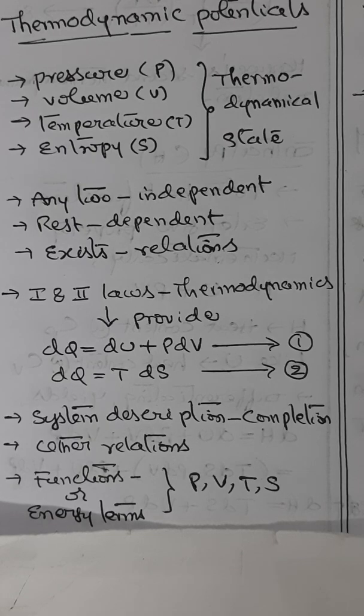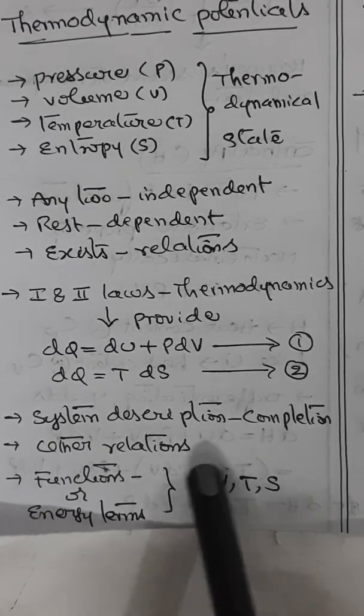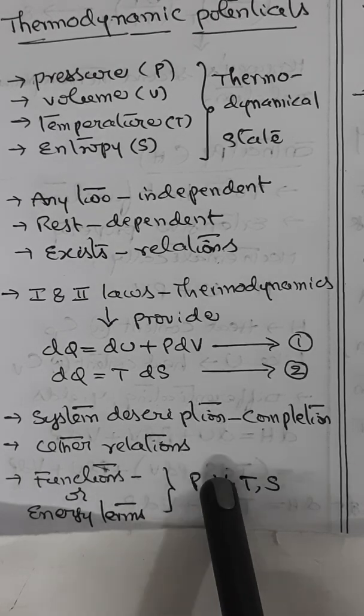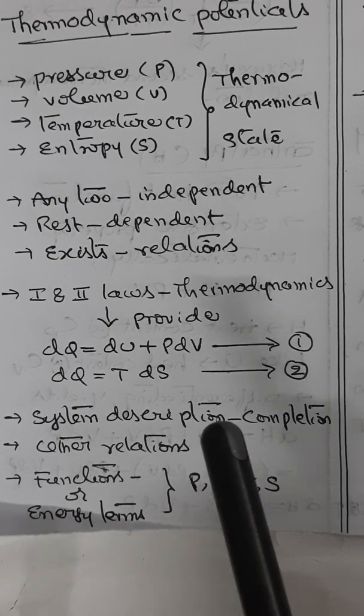Therefore, you can define thermodynamic functions or potentials as energy functions which are formed by combining the basic thermodynamic variables. So, if combining the basic thermodynamic variables we arrive at energy functions, then they are to be termed thermodynamic potentials.